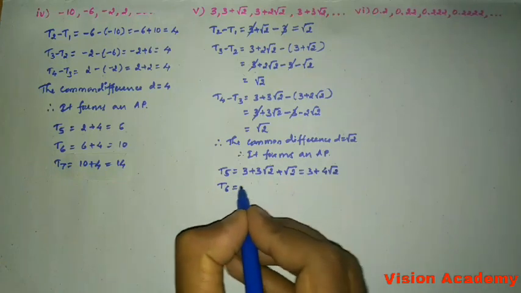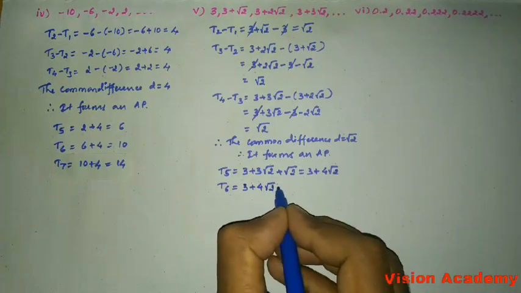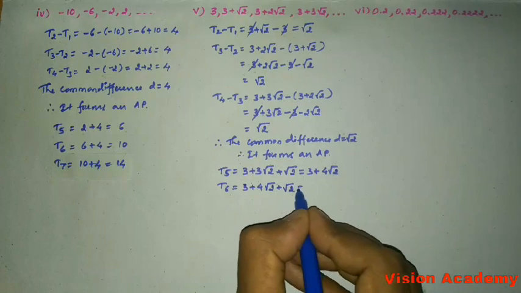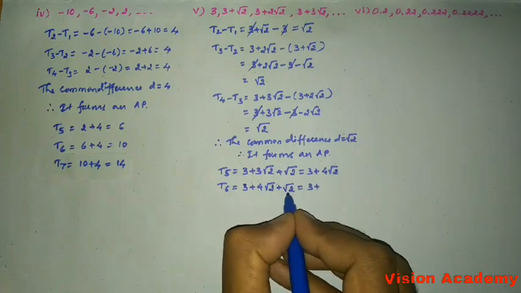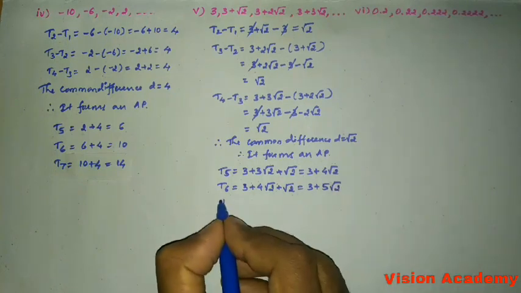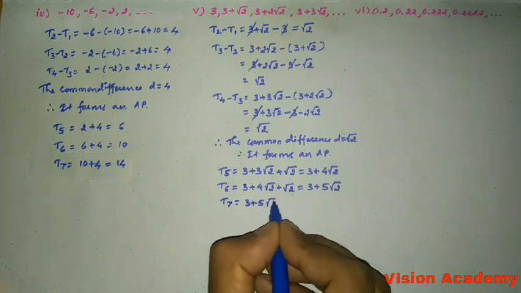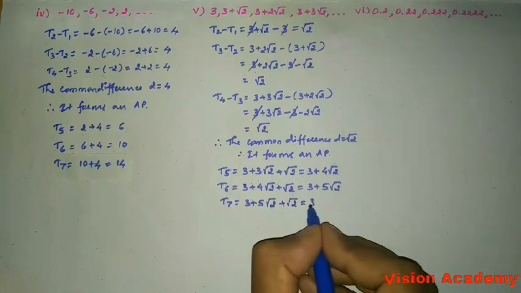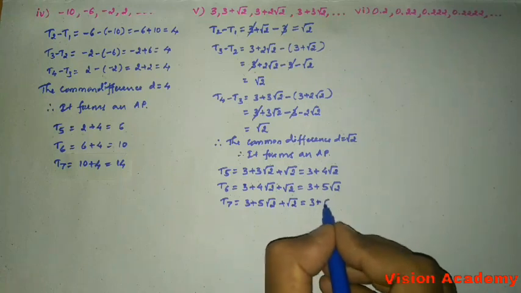T6 is equal to 3 + 4 square root of 2 + the common difference, square root of 2, is equal to 3 + 5 square root of 2. Next T7 is equal to 3 + 5 square root of 2 + square root of 2, which is equal to 3 + 6 square root of 2.